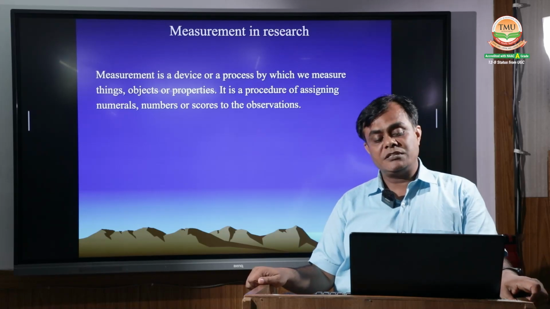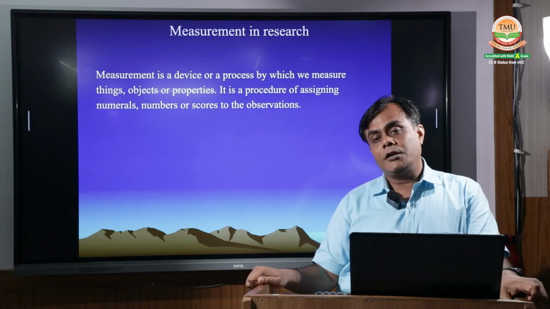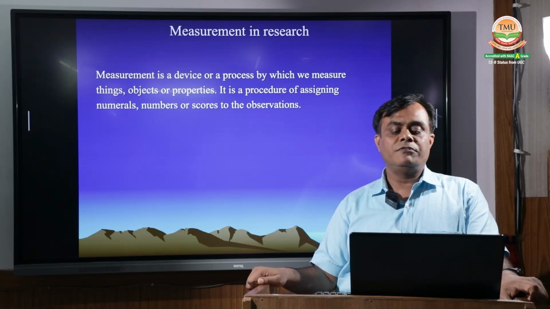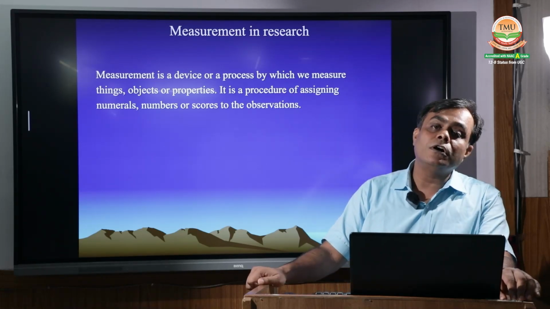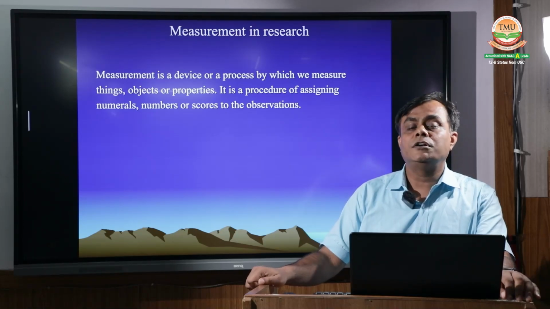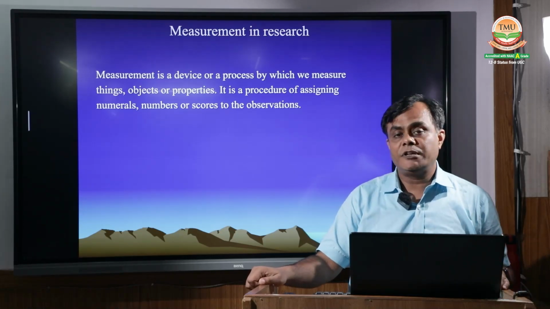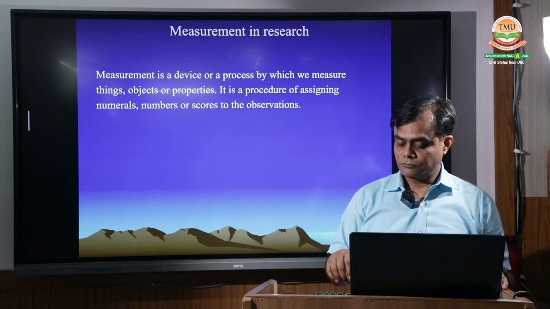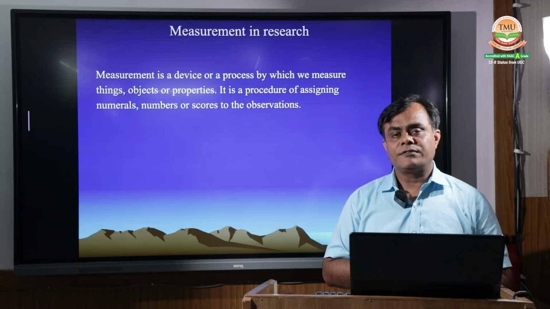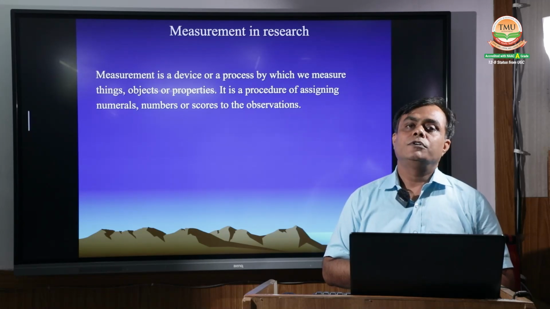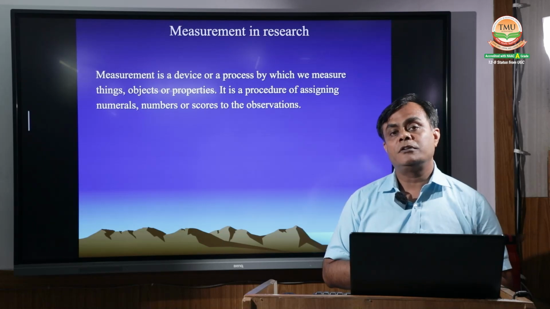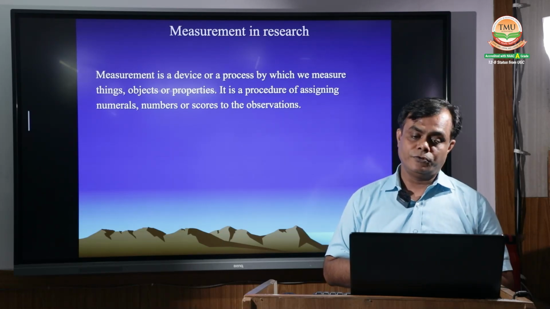So simply, measurement is measuring different activities and events in a numerical way, or sometimes we can measure on the basis of other statistical tools, such as the rank method or the priority method, or sometimes we use the Likert scale method for quality measurement, when we are not able to use a numerical value for particular attributes.